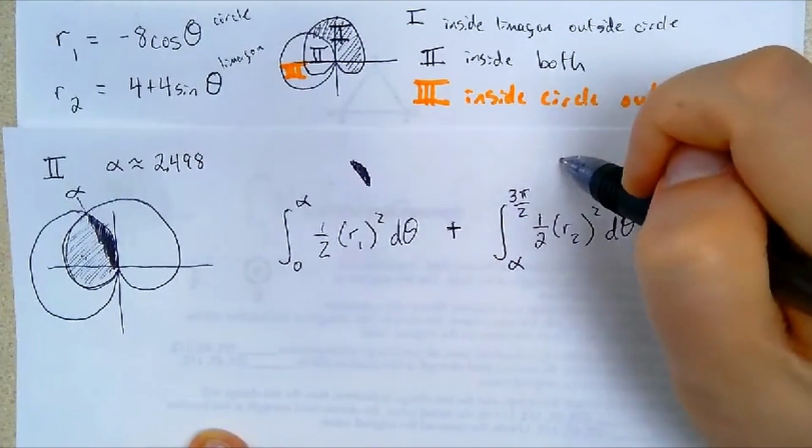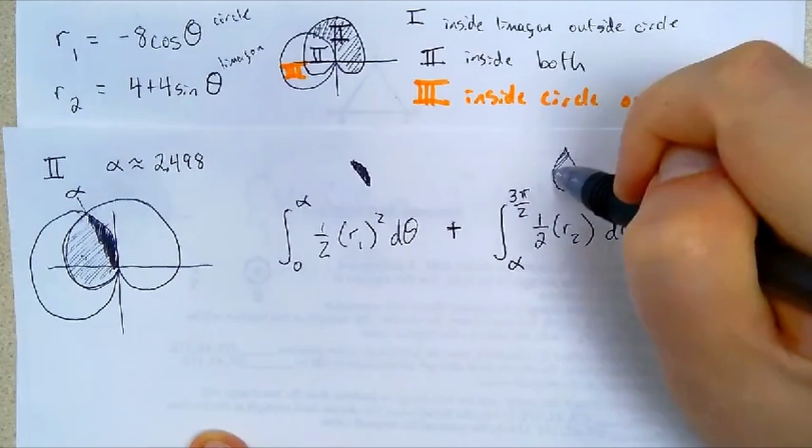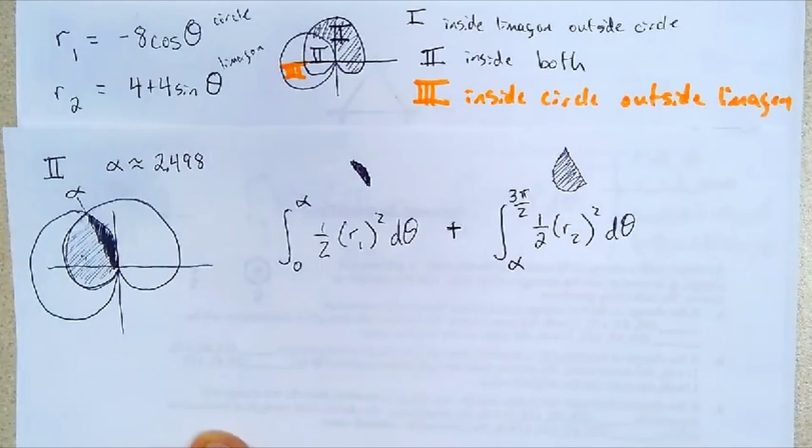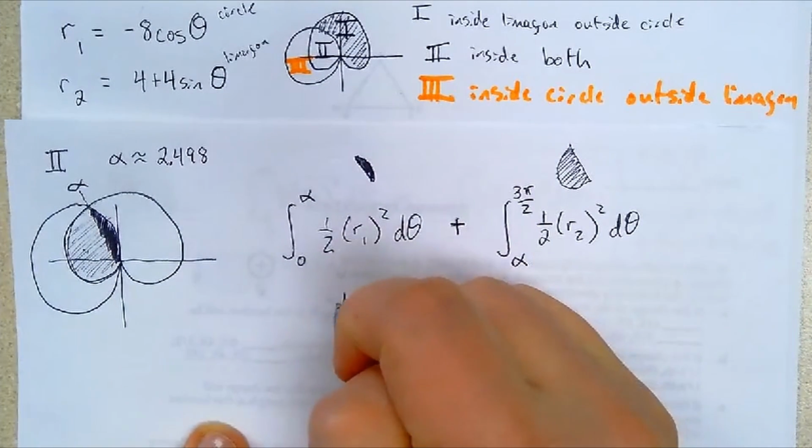And that gives me the lower half of the region. And so by taking these two regions and adding them together, I get the area inside both.